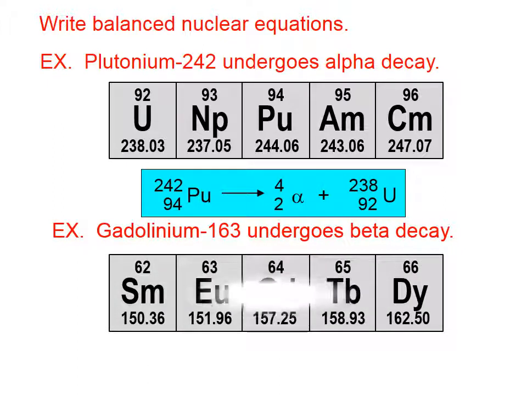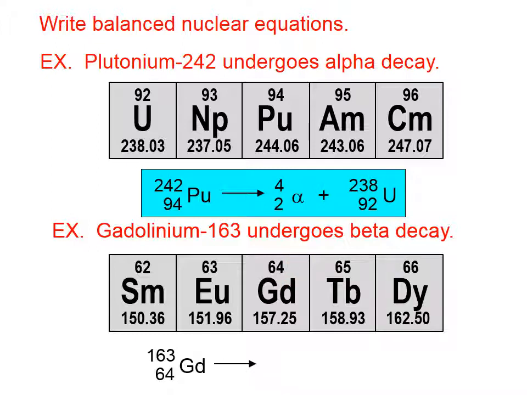Gadolinium-163 undergoes beta decay. Here again, I've reproduced a part of the periodic table so you can see gadolinium right there in the center. We're going to represent gadolinium-163 as is shown here, where the atomic number of gadolinium is 64.